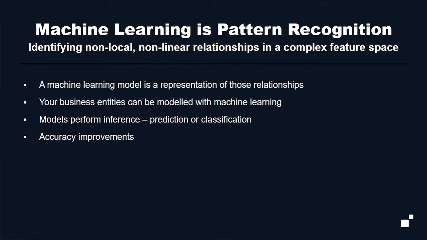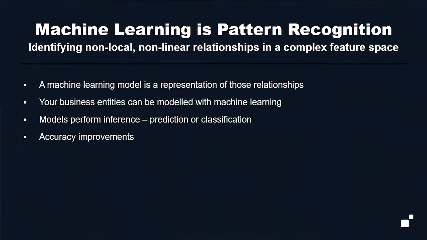Now, any of your entities in your business can be analyzed through machine learning. You think about entities you might have, like a person or a trade or a chemical formula. They all have attributes, call them features in machine learning. And the relationships between those features is what the model finds and creates that objective function for you.